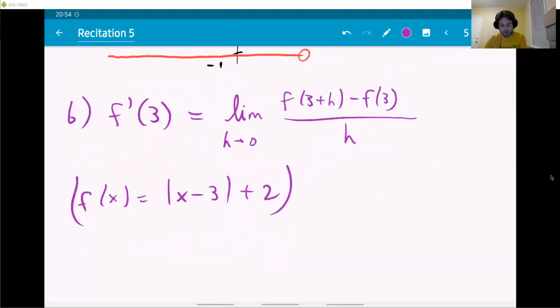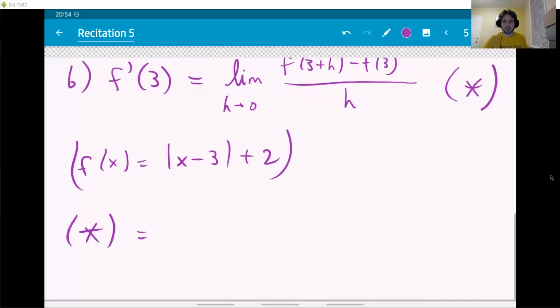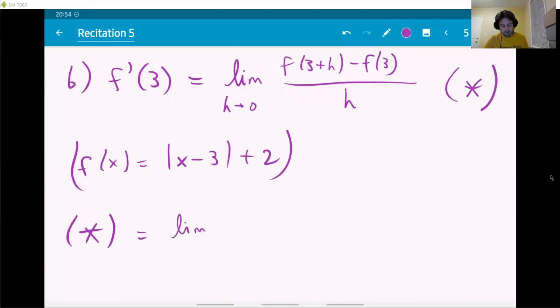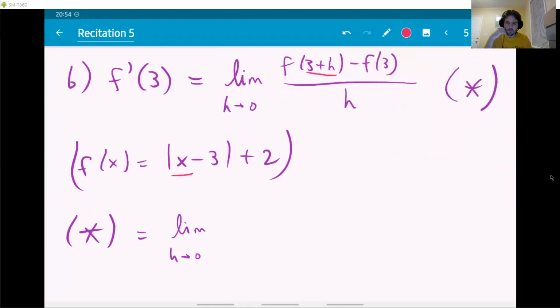So this limit here, I'm going to call it star, continuing the calculation down here. Star is equal to, okay, I'm going to plug in 3 plus h inside of x for the formula of the function. So absolute value of 3 plus h minus 3, plus 2. This was f of 3 plus h.